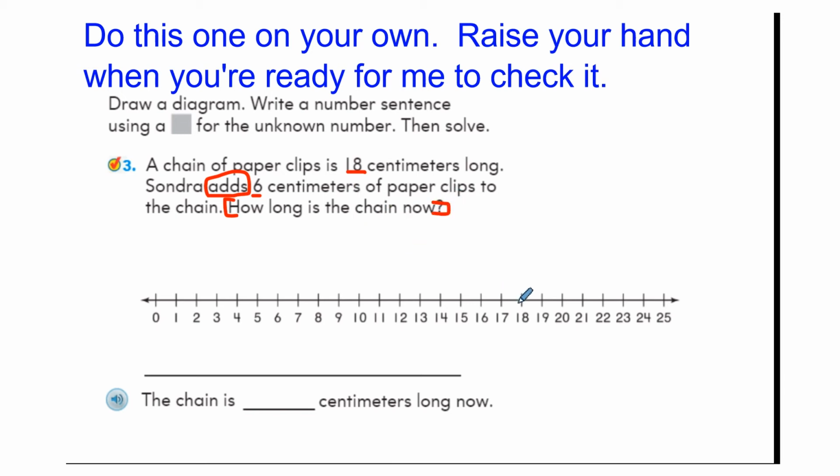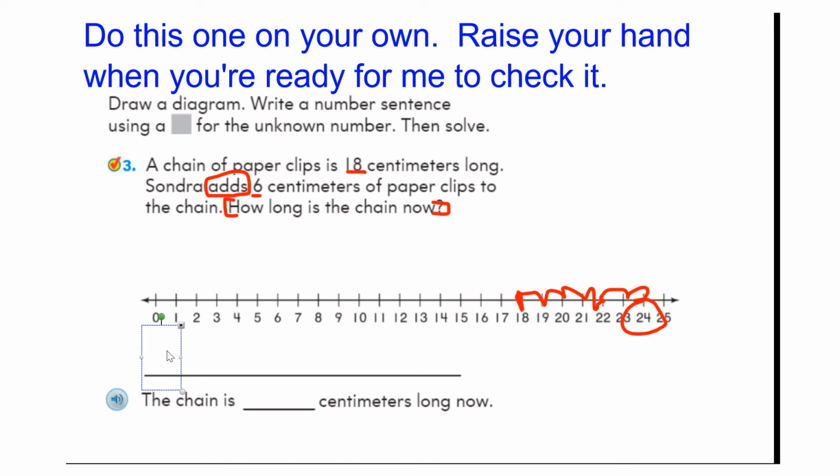Starting with 18 right here, and we're going to add 6. Here we go. 1, 2, 3. Oops, I missed that. 4, 5, 6. So there's our answer.